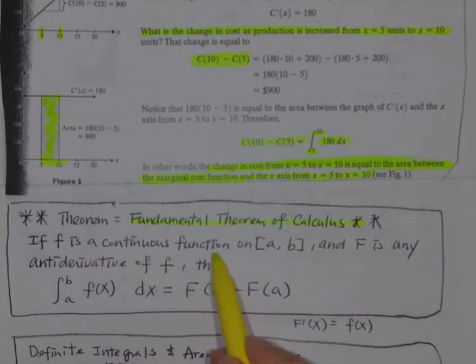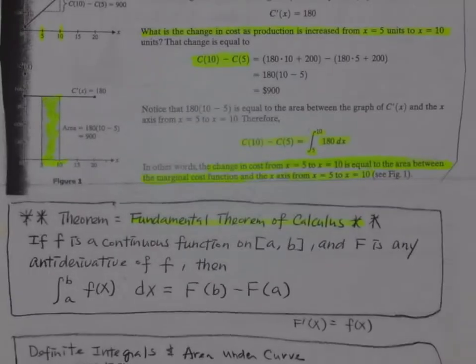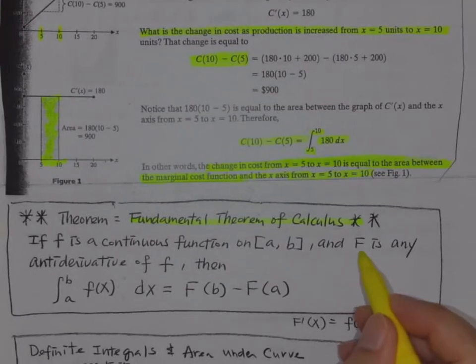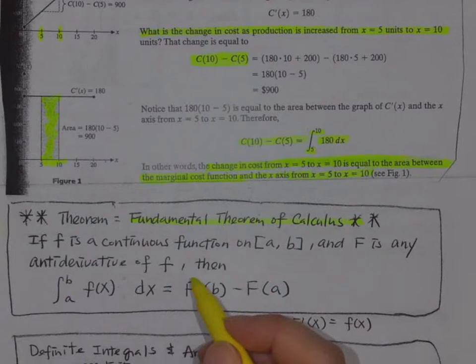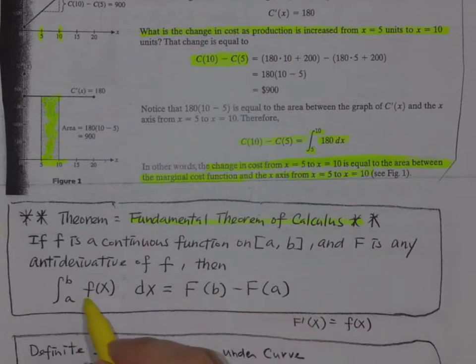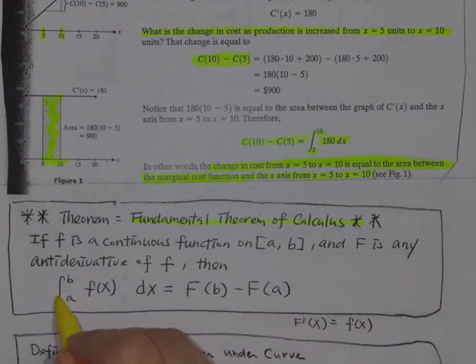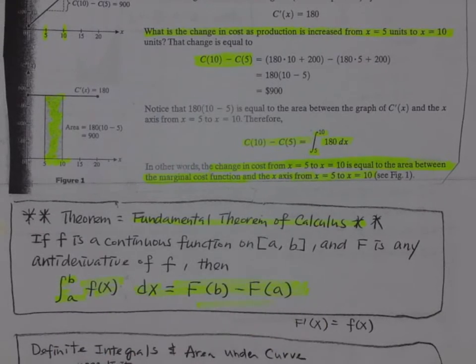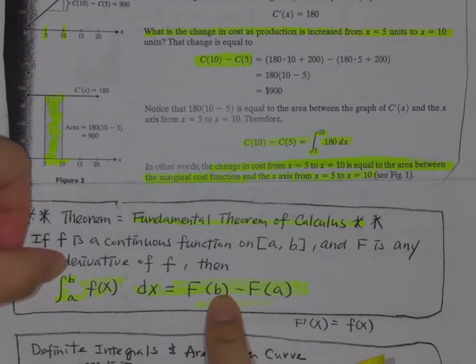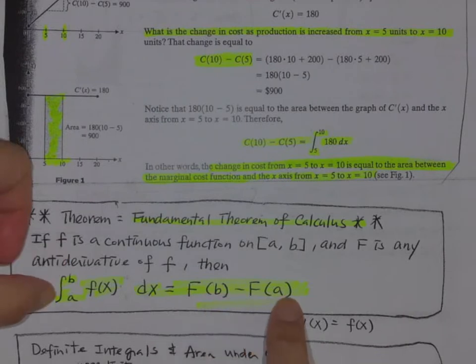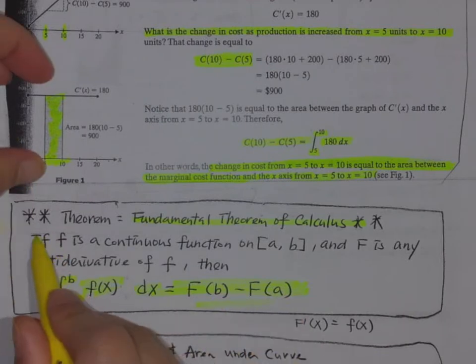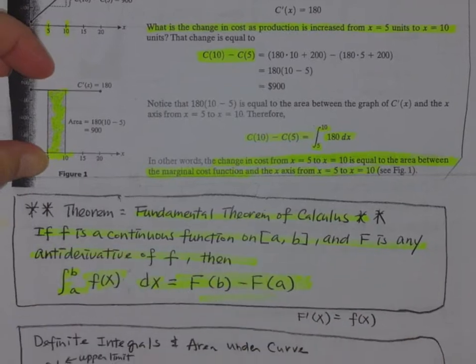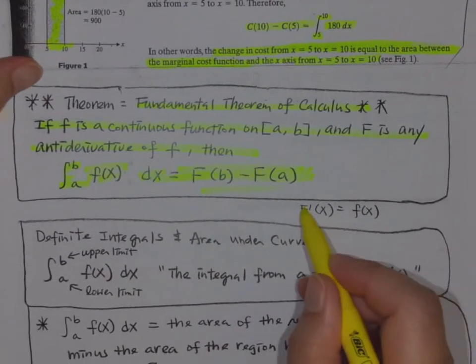If f is a continuous function on the interval from a to b, and capital F is any antiderivative of f, then the integral from a to b of f(x) dx equals the antiderivative evaluated at b, minus the antiderivative evaluated at a. So this is the fundamental theorem of calculus, where F prime of x equals f of x.